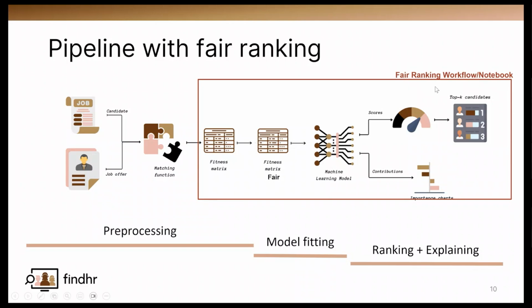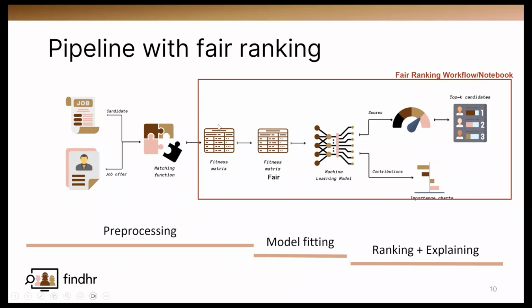We will study in the FAIR ranking notebook one possible approach to make the model less unfair, which consists of changing the fitness matrix from the one computed to a new version, a fair fitness matrix, in which historical correlations between protected groups and good scores and bad scores are removed.